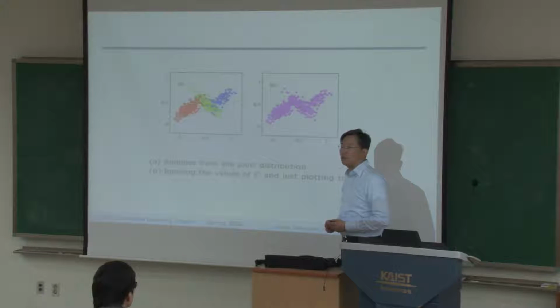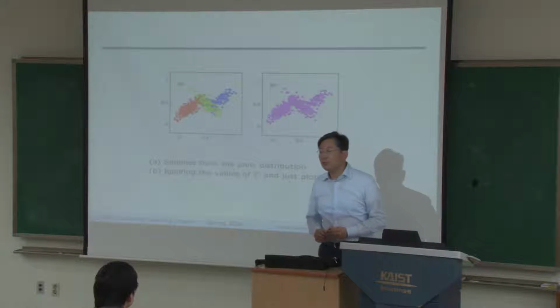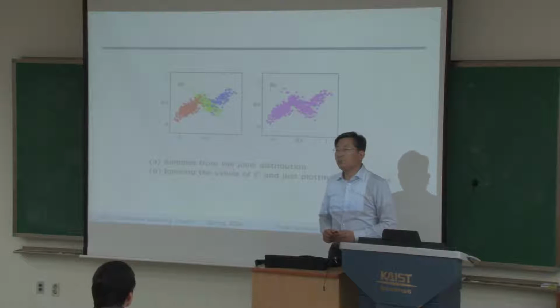Okay? So in the left-hand side, I have the class label, and I'm trying to model the distribution of the data by three Gaussians. Okay? Each of the Gaussians will belong to each of the labels.